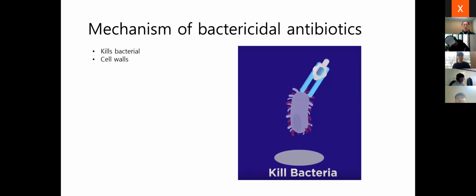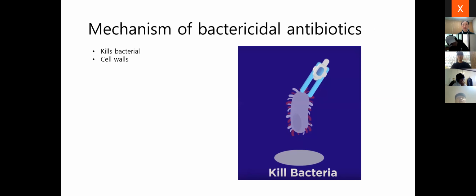The second type is bactericidal antibiotics, and this might be the one you mostly think of as the antibiotics image in your life. These antibiotics kill bacteria directly, by breaking down the bacteria's cell walls.